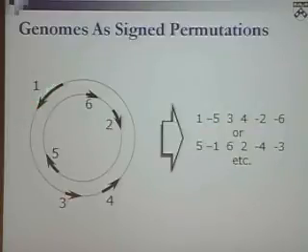So you can start from gene 1, and then the next one you encounter is gene 5, but on the opposite strand of gene 1, so you put a minus sign in front of it, and so on. You can have this representation as well as this representation starting from 5 going clockwise. They correspond to the same circular gene orders.